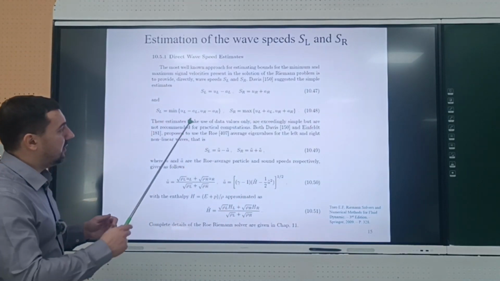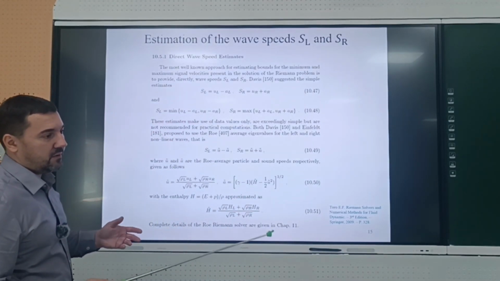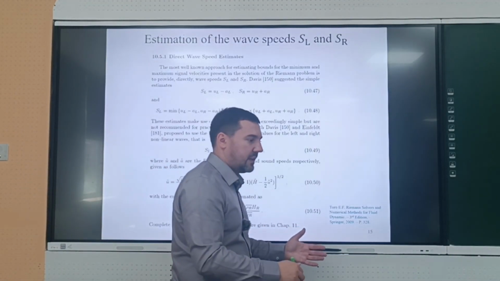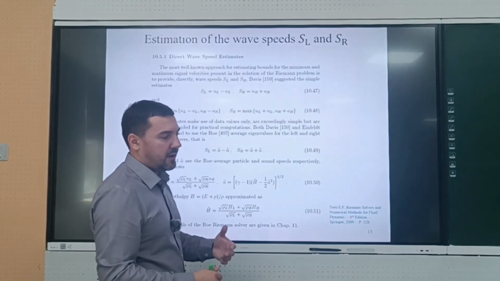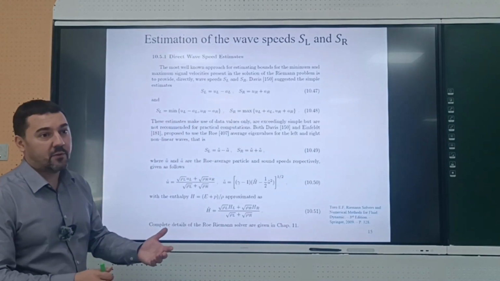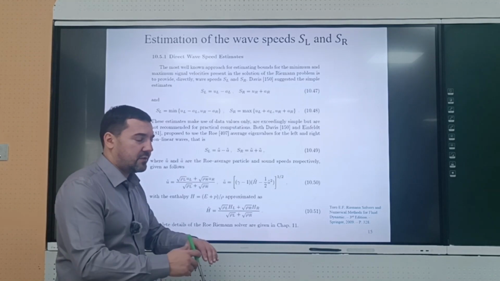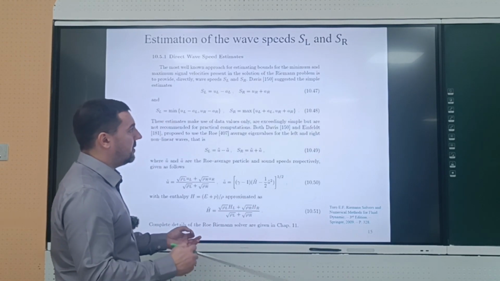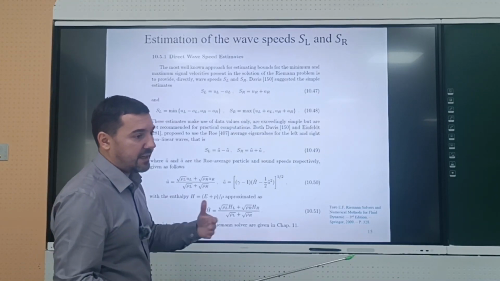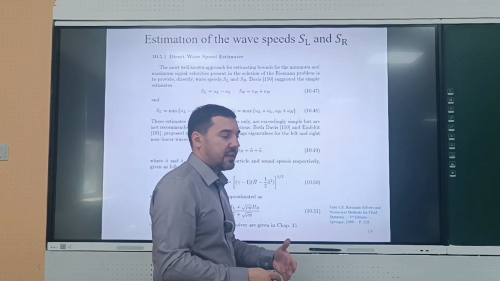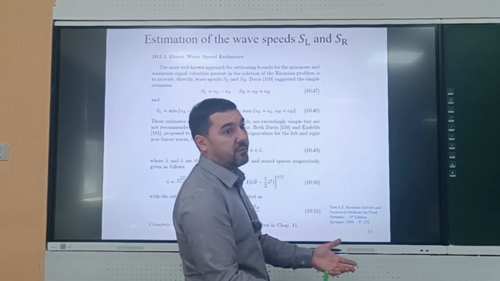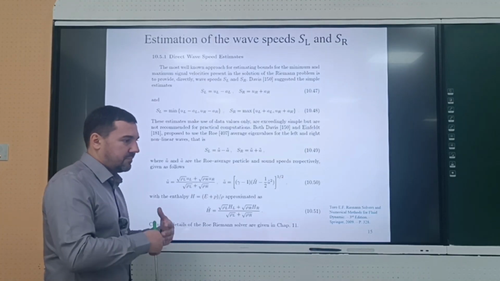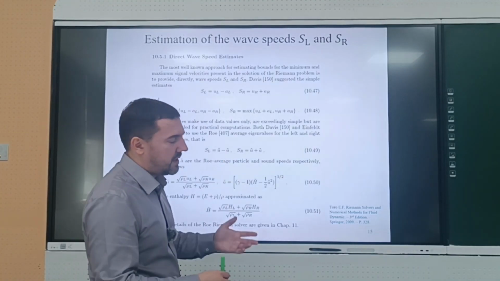Here you need only to know the speed of sound. So you may have a very complex equation of state, but if you have some subroutine to compute the speed of sound, that's enough for you. You do not need the expression for internal energy or pressure and so on. You need only the speed of sound. So this is a robust method that can be used in different situations.